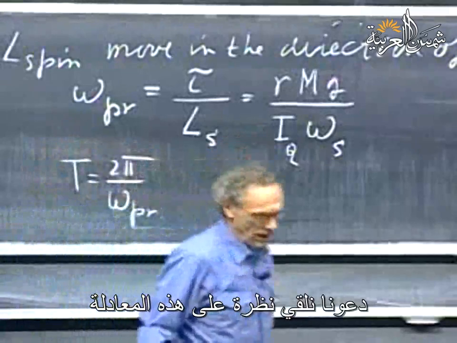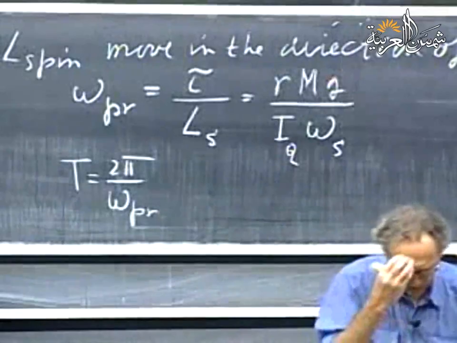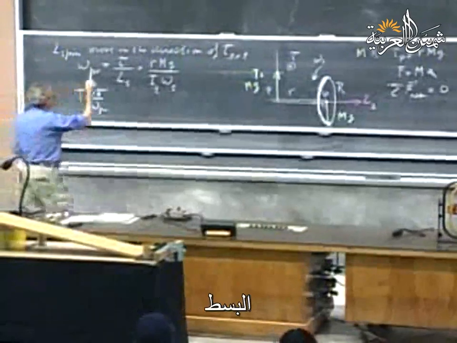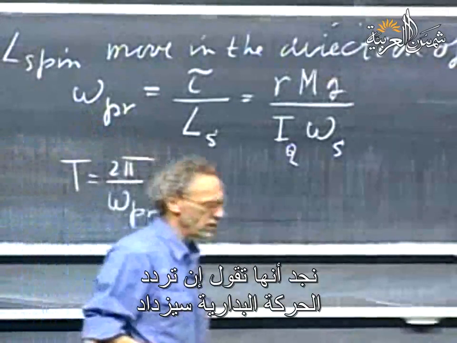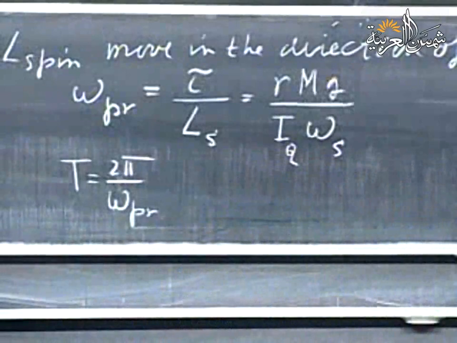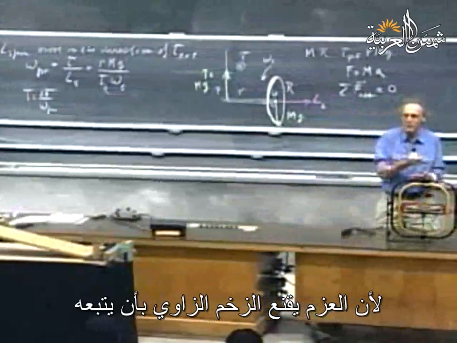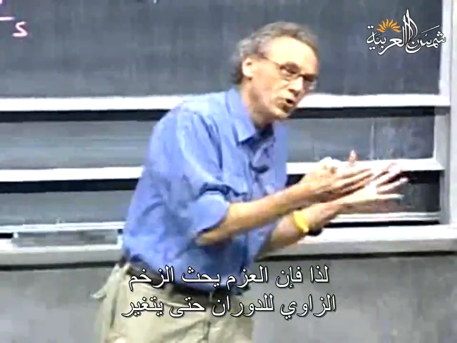Let's take a look at that equation and see whether that makes sense intuitively. First of all, if you increase the torque, the numerator, then it says that the precession frequency will increase. That makes sense to me, because the torque is persuading the spin angular momentum to change.